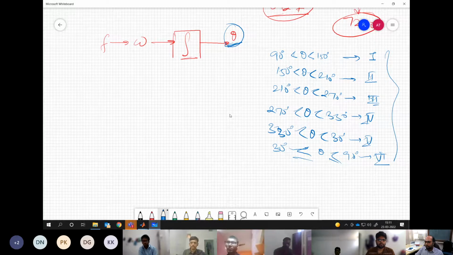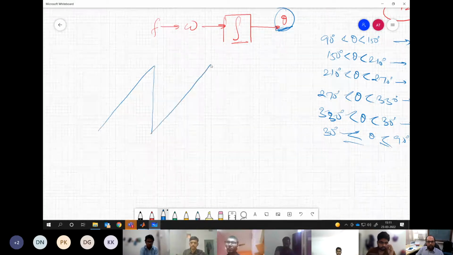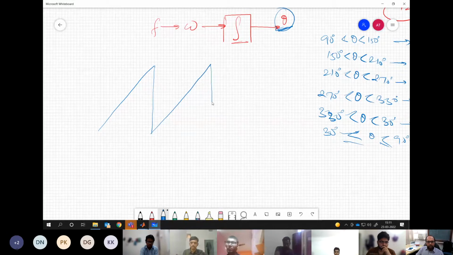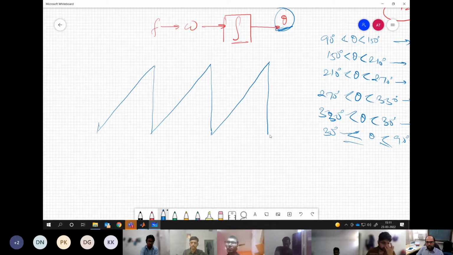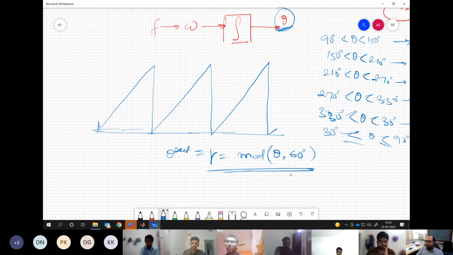Fine. Now the next step would be to get to know what is my sector angle. So let's say this is your theta, which is going from 0 to 360. But the sector angle will change only from 0 to what value? 60. So the sector angle, which we call gamma, is nothing but theta taken modulo 60 degree.